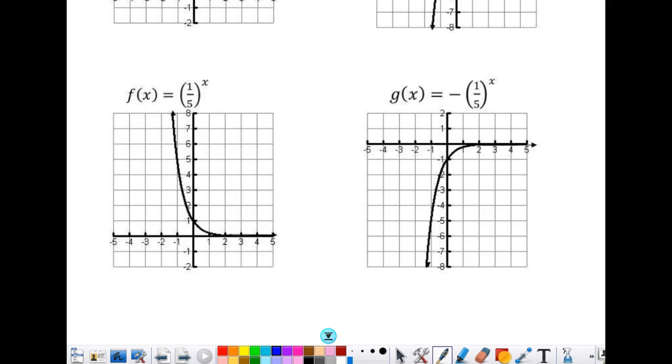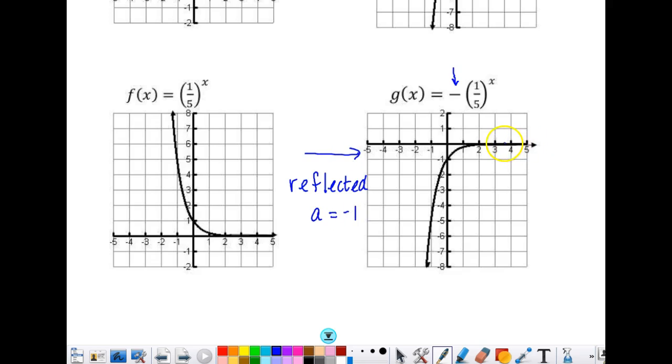So here, is this growth or decay? That's still decay. Something is decreasing as time is increasing, maybe. Maybe the bacteria in your body is decreasing because you took an antibiotic, so it's decreasing as time goes on. And so here we have a reflection. Reflected, the a is negative 1.